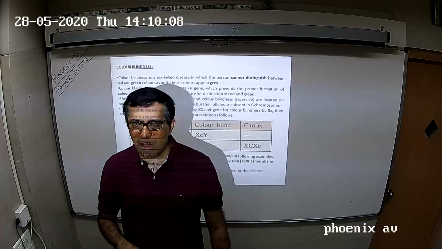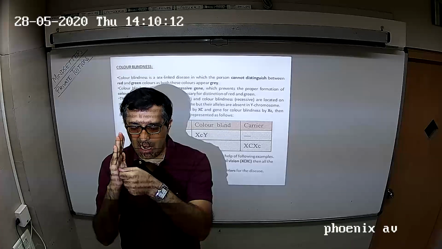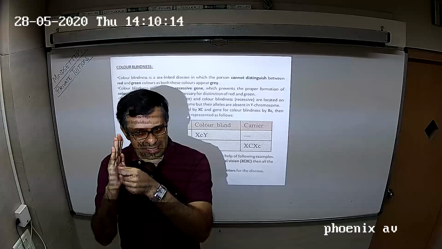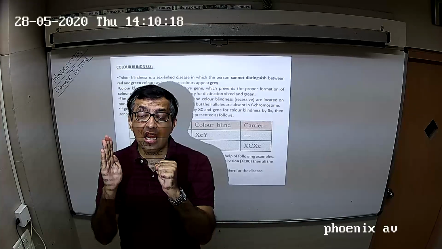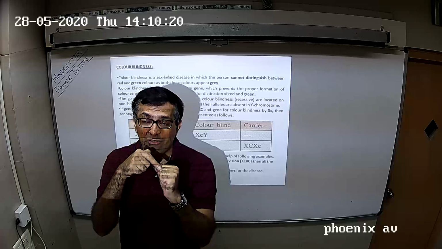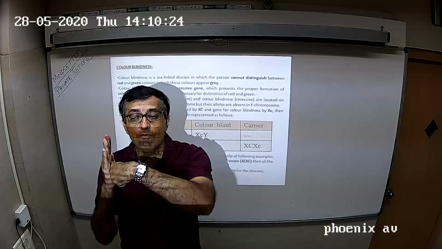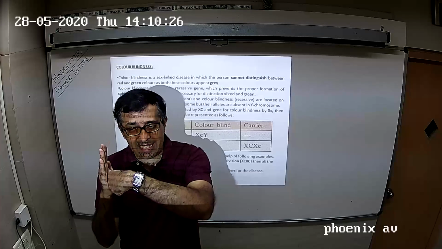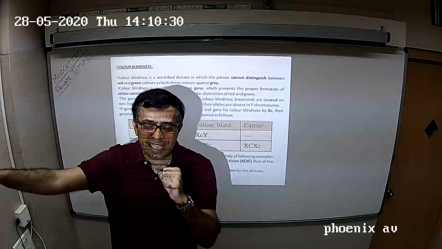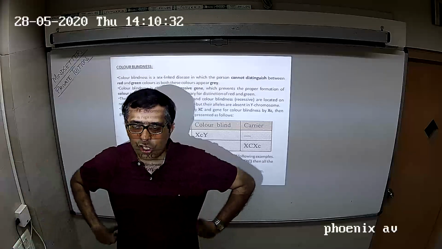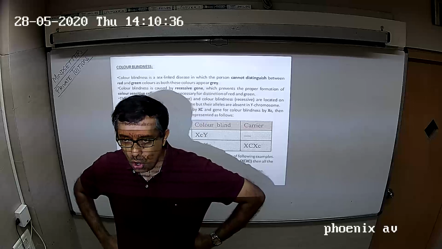Yes, in males, if the X chromosome has a mutated gene for colorblindness, means the recessive gene is there and it is mutated, there is no corresponding allele on the Y chromosome which will make the recessive mutated gene remain recessive. So that means the mutated gene will express itself and that person will have color blindness for sure.